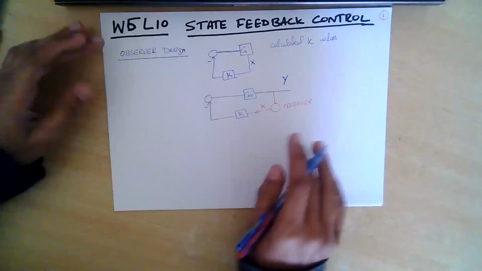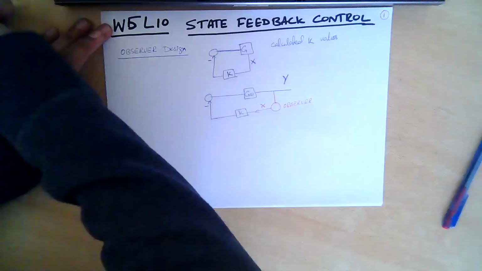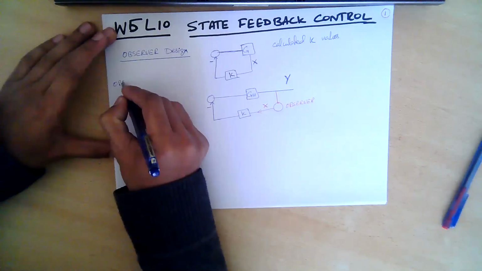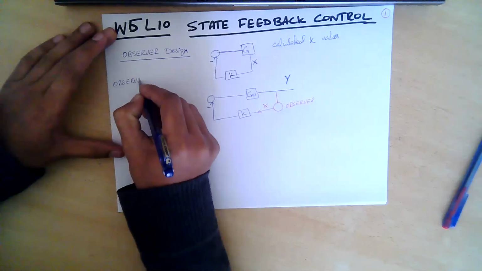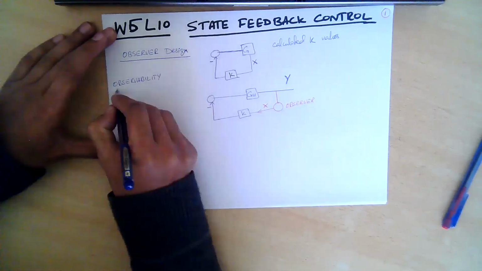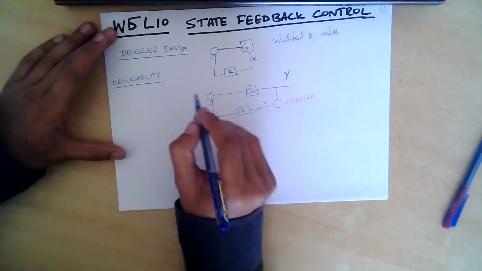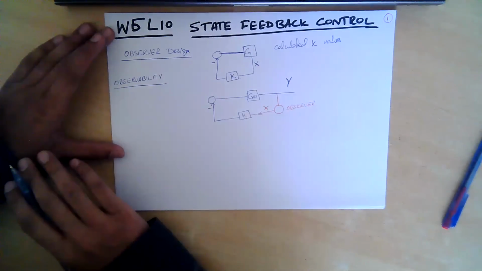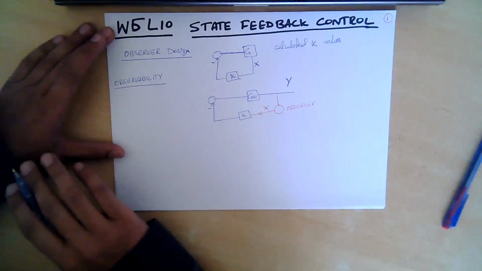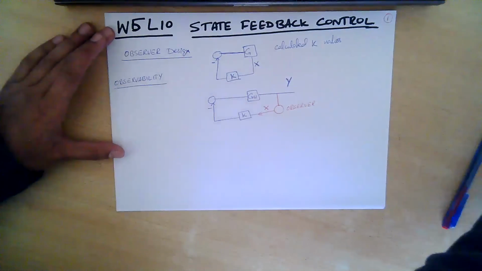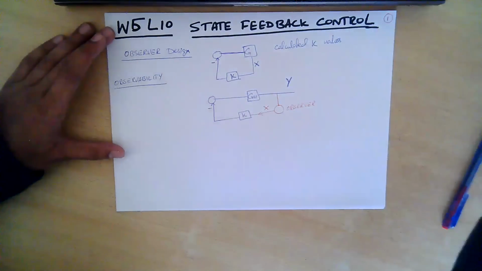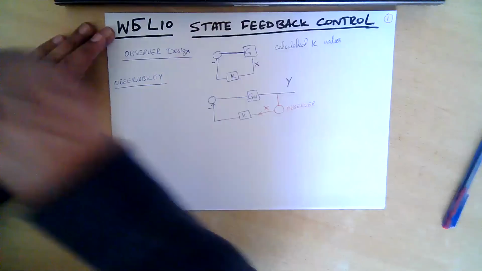Before designing the observer, let's go over some notion of what is observability. Observability is the capacity of the output from a system that it can be used to calculate all the states or the unique value of the states.